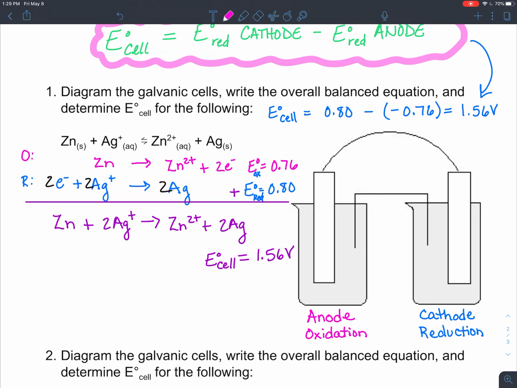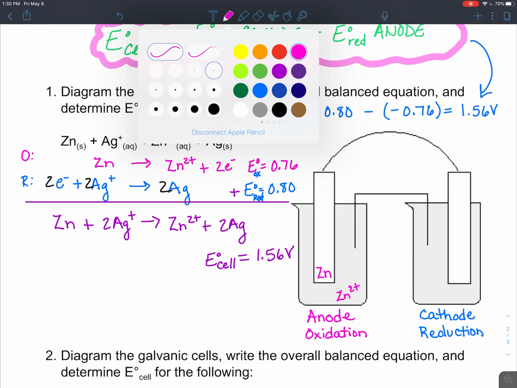Okay, so let's apply this. So that means that our anode is going to be the zinc metal. So the metal is going to be the actual anode. And that means our solution that would have zinc ions in it, Zn2 plus, is going to be in the solution itself.